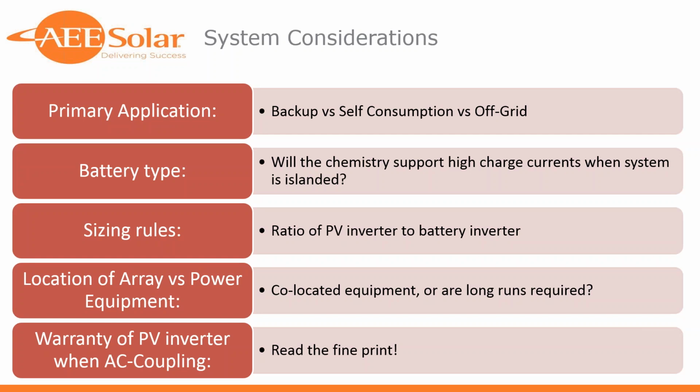If you've got a 12 kilowatt array on a 10 kilowatt PV inverter coupled to a 4,000 watt battery inverter, the relays simply aren't rated for that. So, takeaway here is always check with your manufacturer on the recommended sizing of PV inverter to battery inverter.